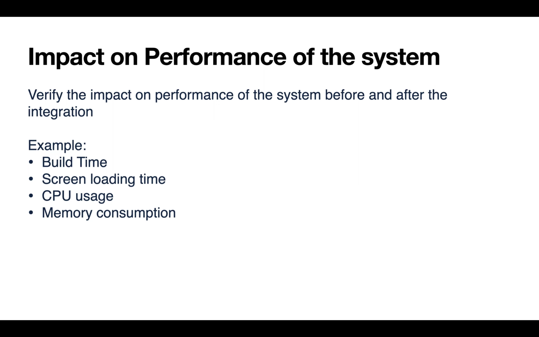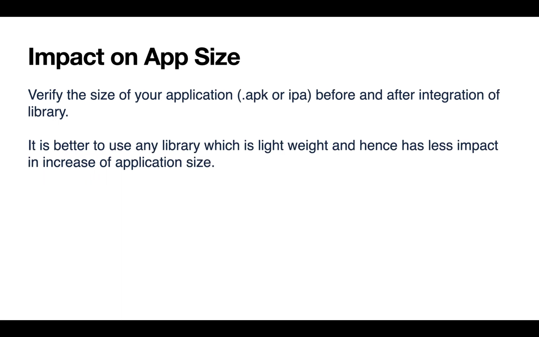What is the impact on screen loading time? Impact on CPU usage, memory consumption. These are some of the examples, or some of the metrics. There are a lot more metrics on performance factor, which we need to always verify while adopting any library.